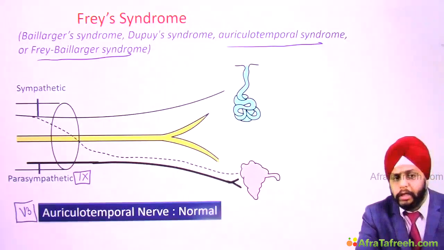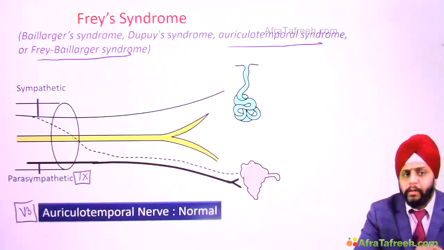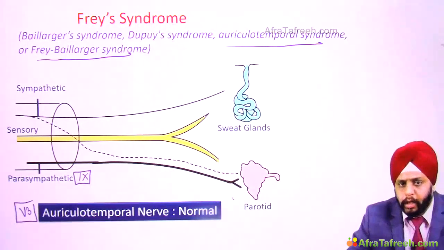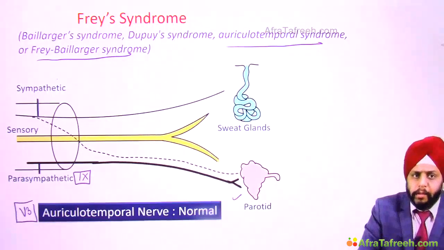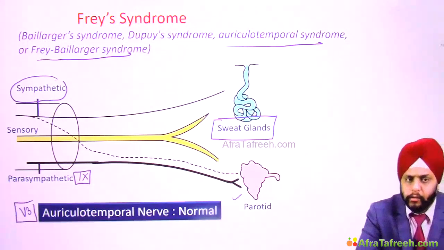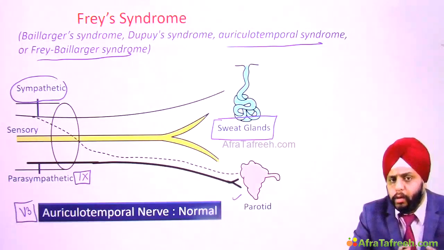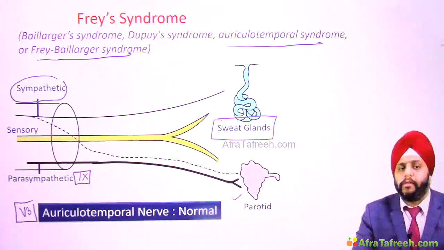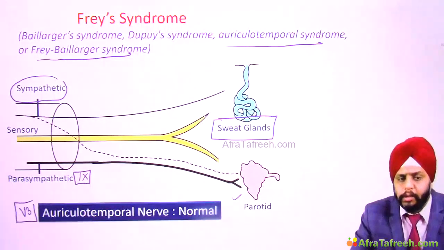Now you see these parasympathetic fibers along with some sympathetic fibers supply the parotid gland, and the sympathetic fibers supply the sweat glands over here. So the parasympathetic fibers are not supplying the sweat glands. Only the sympathetic fibers are supplying the sweat gland. Now this is the normal condition.